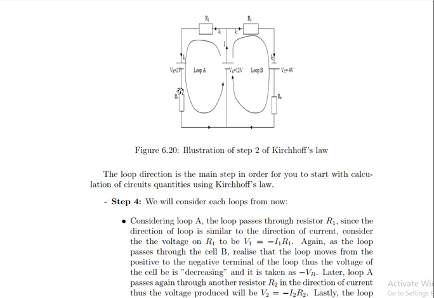Now this R2, since current is in the same direction as the loop flowing through R2, it implies the voltage on R2 is going to be negative. And lastly, as the loop comes upward here, the loop is going to move from negative to positive of this VA. It implies that the voltage of this cell is going to be increasing from negative to positive, and thus is going to be positive.